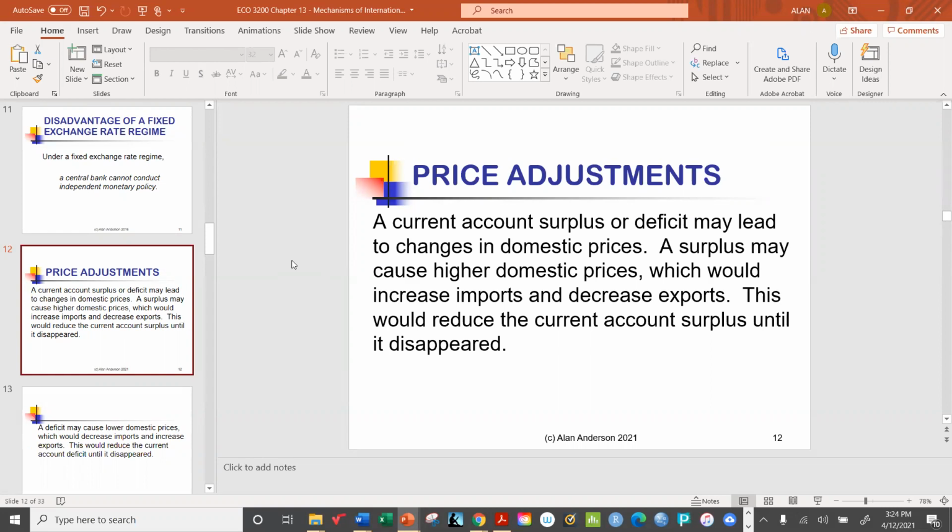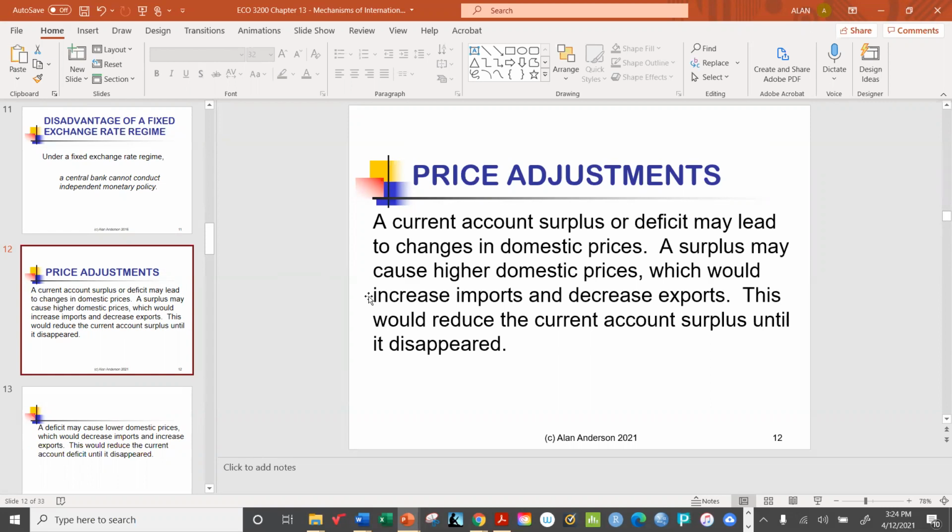And in fact, we're assuming that in the long run, we don't really have to make any changes to influence our current account surplus or deficit because it will take care of itself through the adjustment of domestic prices, or at least that's the theory.